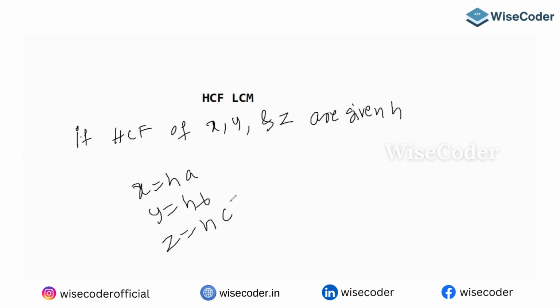Since H is the highest common factor, A, B and C should not have any further common terms, obviously. Yes or no?